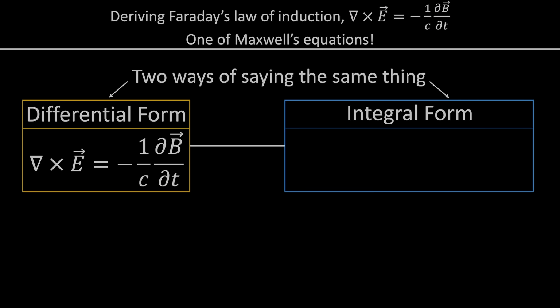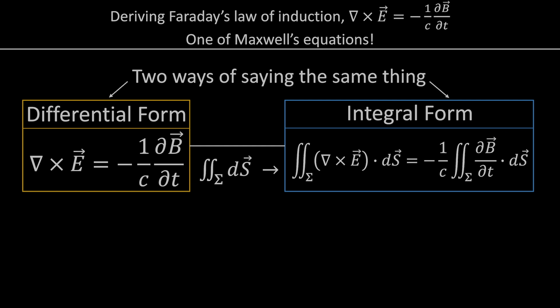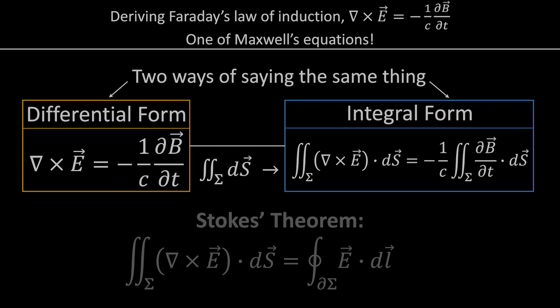So to convert Faraday's law of induction from the differential form to the integral form, typically what you want to do is take the flux integral of both sides of the equation through some surface. And this is usually imagined as a circle, just to keep things simple, but it doesn't actually have to be a circle. Okay, and now all we have to do is apply Stokes' theorem to the left-hand side of the equation.